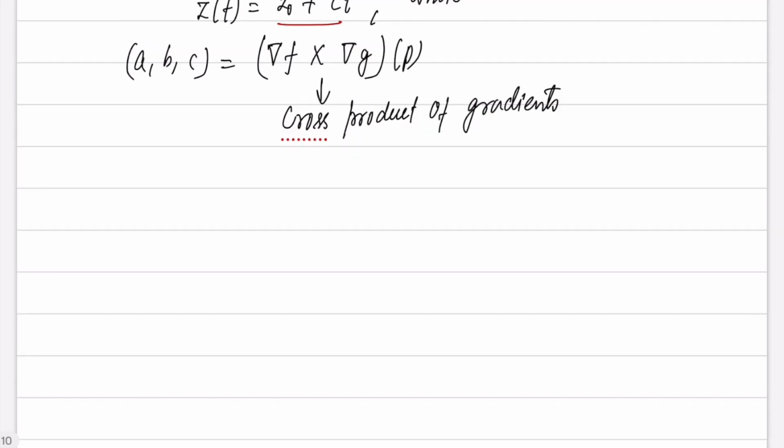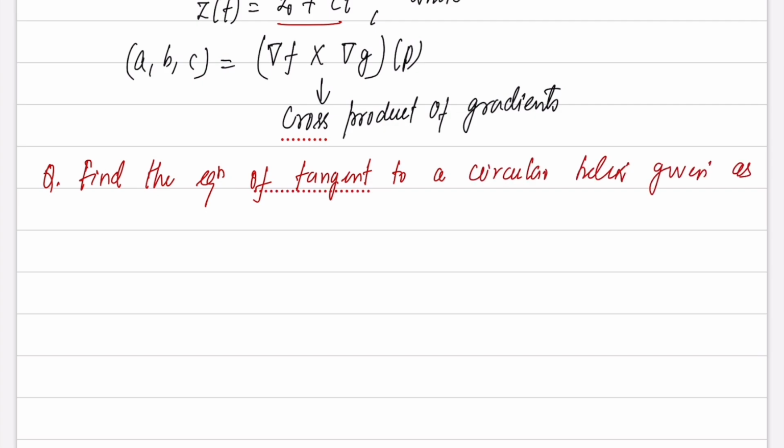Now we are ready to take an example to understand how we find this equation of tangent. So our first exercise will be: find the equation of tangent to a circular helix. We will take both representations of the circular helix.